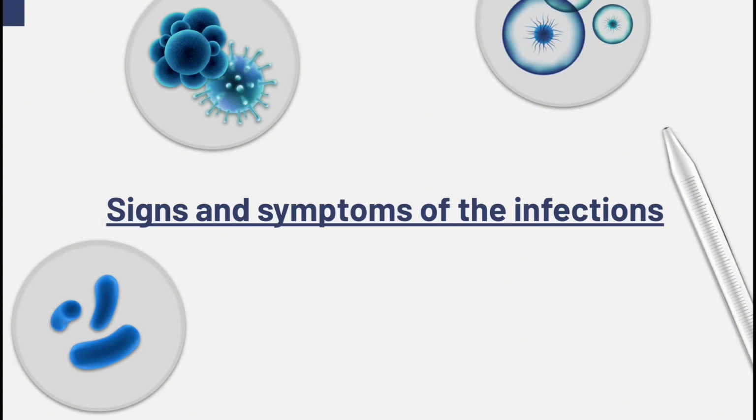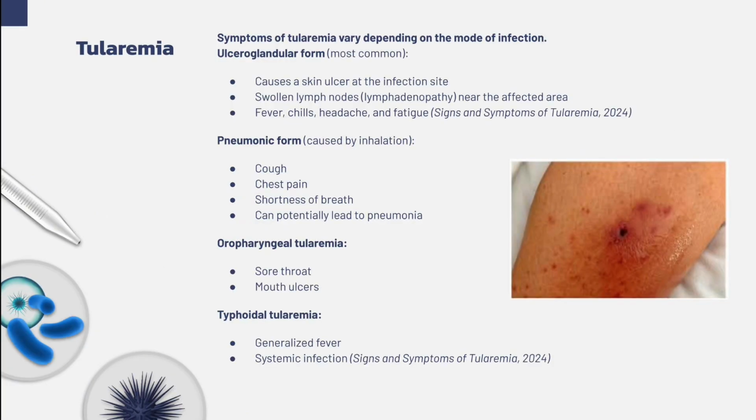Moving on from the pathogen descriptions, I will be talking about the signs and symptoms of the infections. The symptoms of tularemia vary depending on the mode of infection. The most common symptoms are a skin ulcer at the infection site, swollen lymph nodes near the infected area, fever, chills, headache, and fatigue.